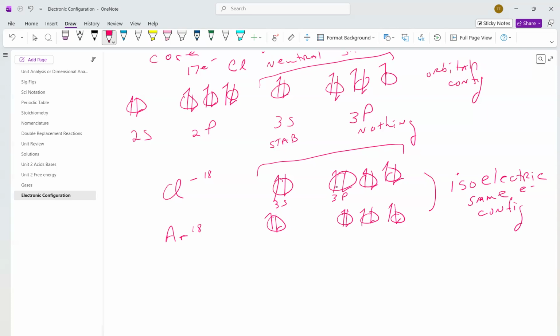Okay, so instead of an anion, let's do a cation.